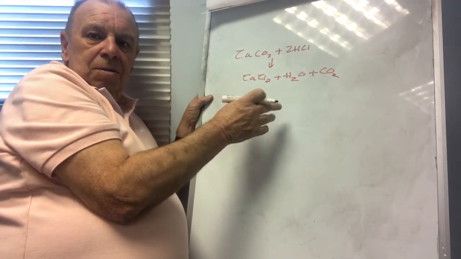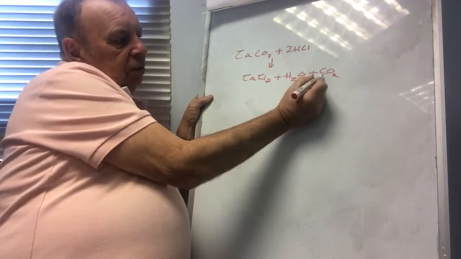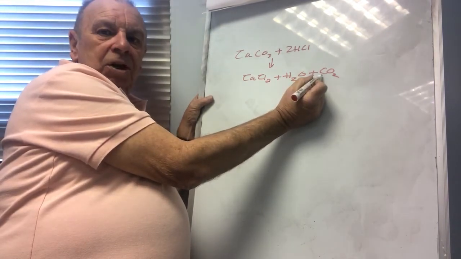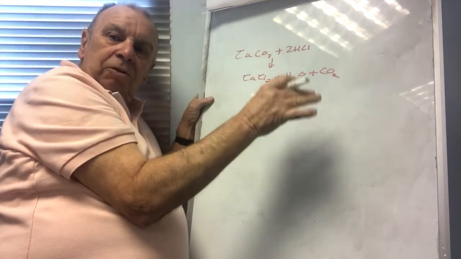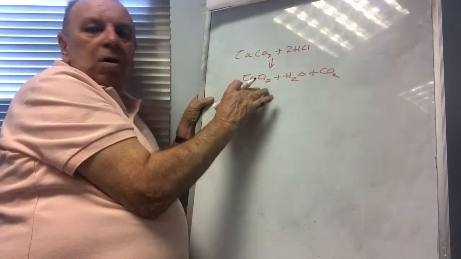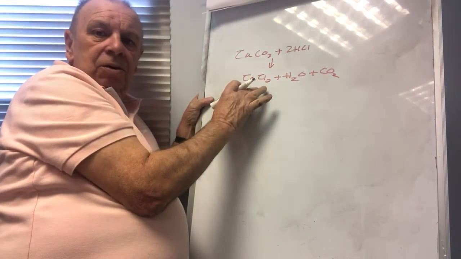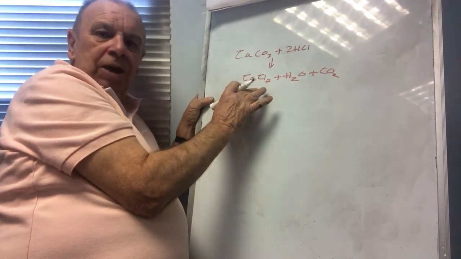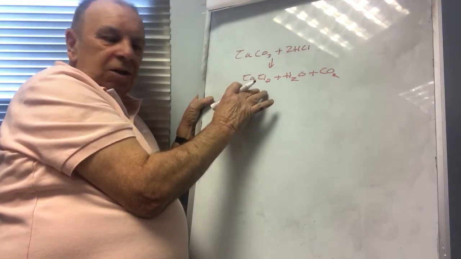So I could do this in two ways. I could measure the volume of carbon dioxide produced, the product, with reference to time, or the change in weight. And it's this change in weight which I could measure.